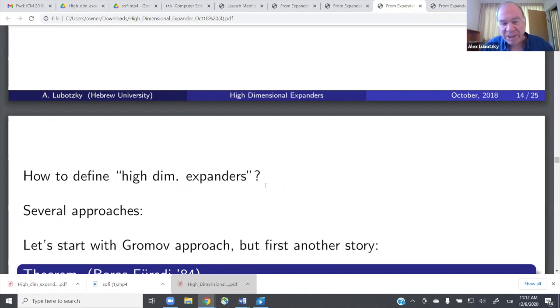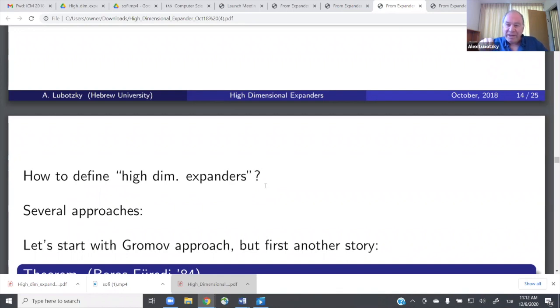The most natural would be maybe to say, let's try to think about expansion in the basic property, like the first definition I gave, and some people worked out such a definition in high dimension. Another one is about spectral gap, but spectral gap of what?